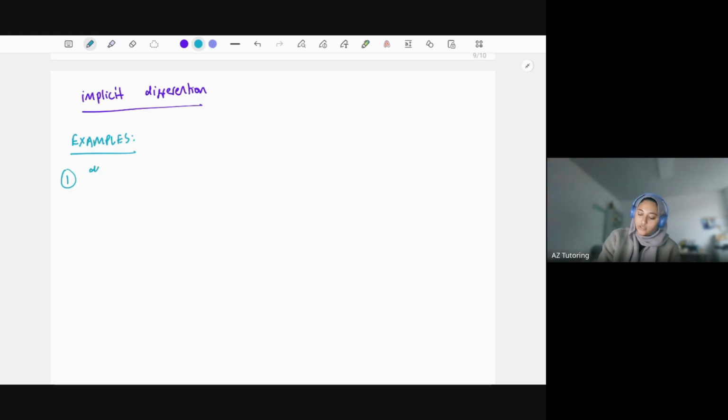So let's say the question said, find dy over dx of 2x squared y plus y cubed equals 6x squared plus 5. So we can see the clear issue here is we don't have y in terms of just something in x. So how do we find dy over dx?